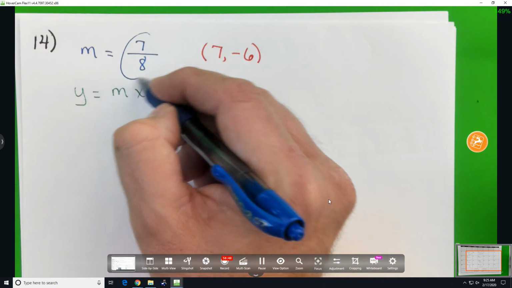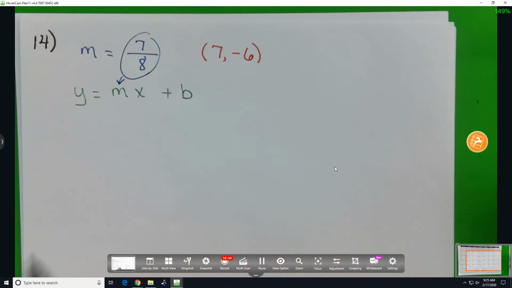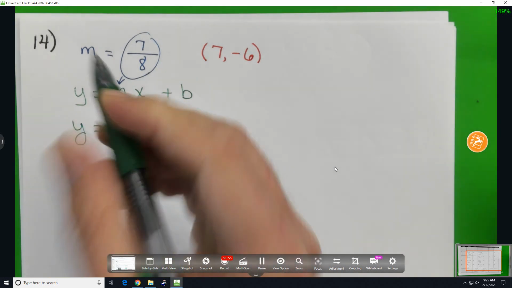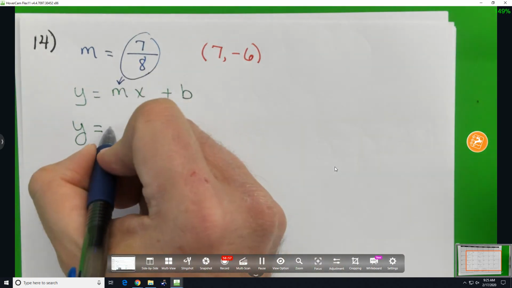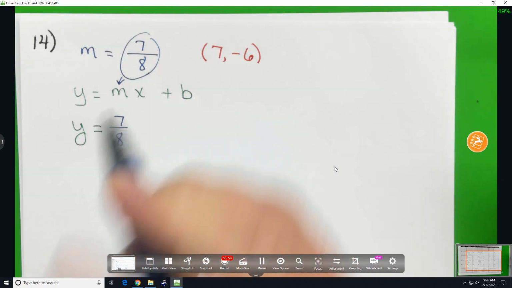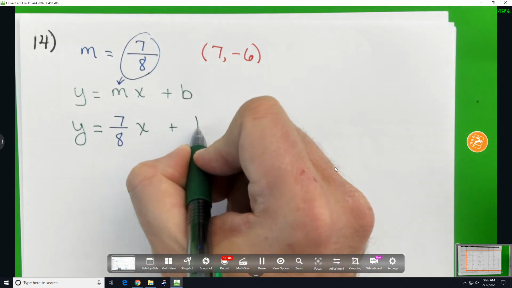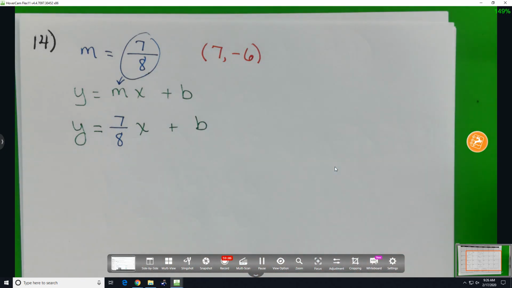So I'm going to replace this m with 7 over 8, x plus b. Now, what makes this problem different from the others?